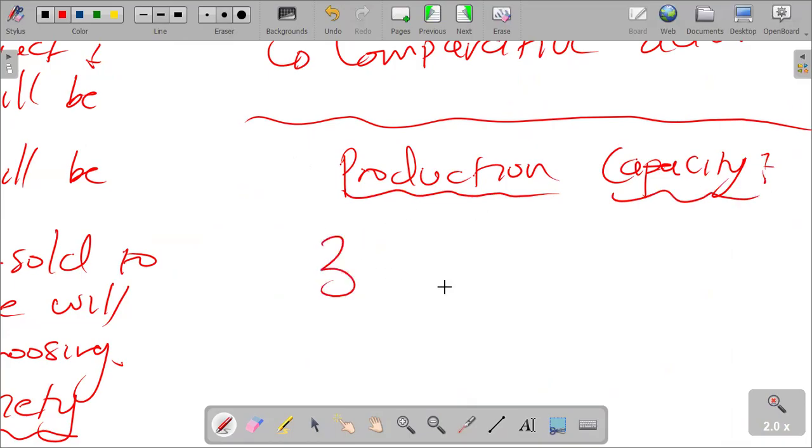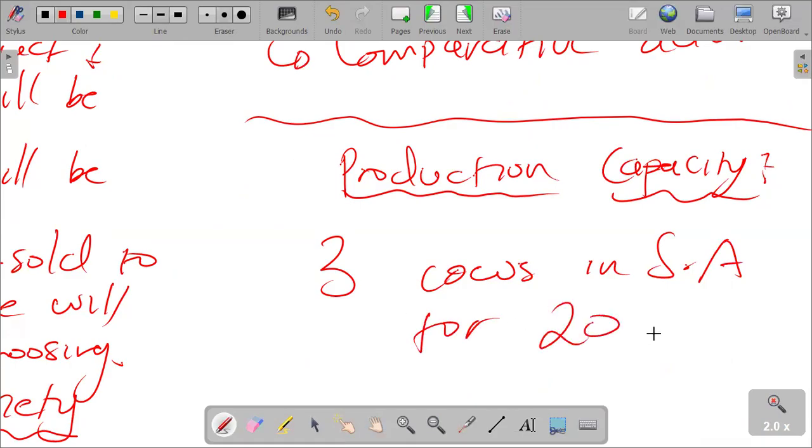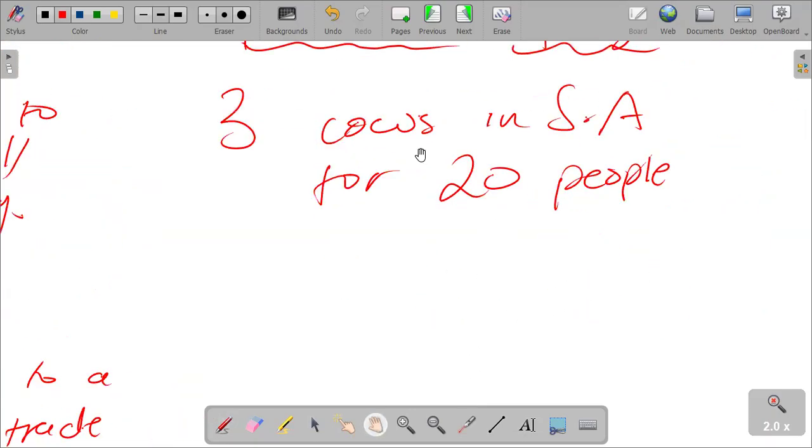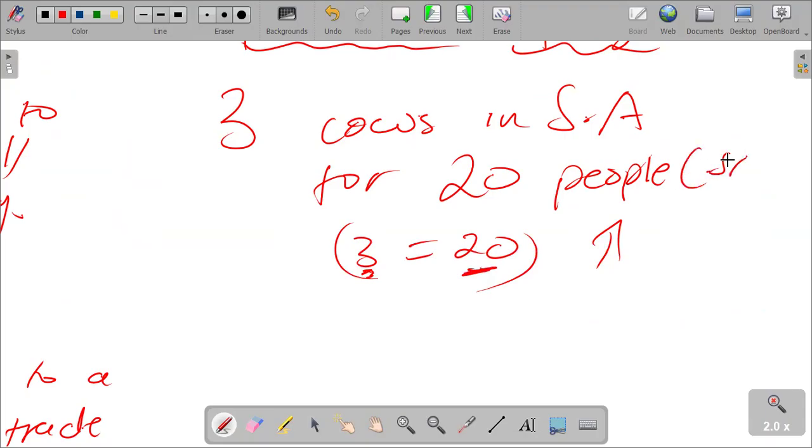Let's say we had 3 cows in SA for 20 people. So 3 cows equals 20 people. But now we increase in what? In cows. Our cows increase. So these cows are only for 20 people in SA only.